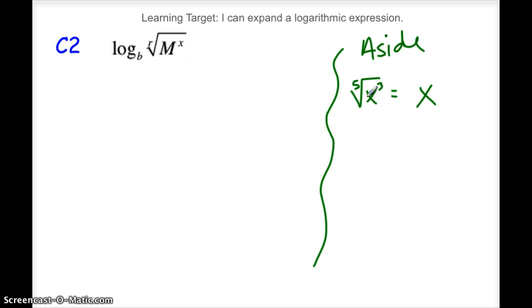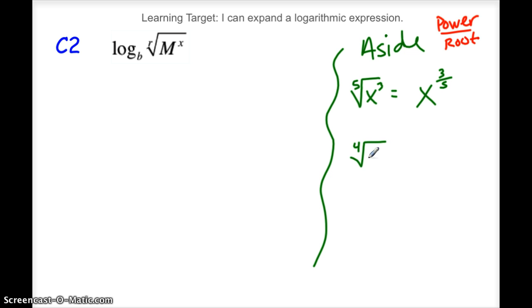We could get rid of roots by making fractional exponents. And here's how we could do that. We just need to remember the rule, power over root. Between the 3 and the 5, 3 is the power, so that would go on top of the fraction, and fifth was the root. So we would say x to the 3/5 power.